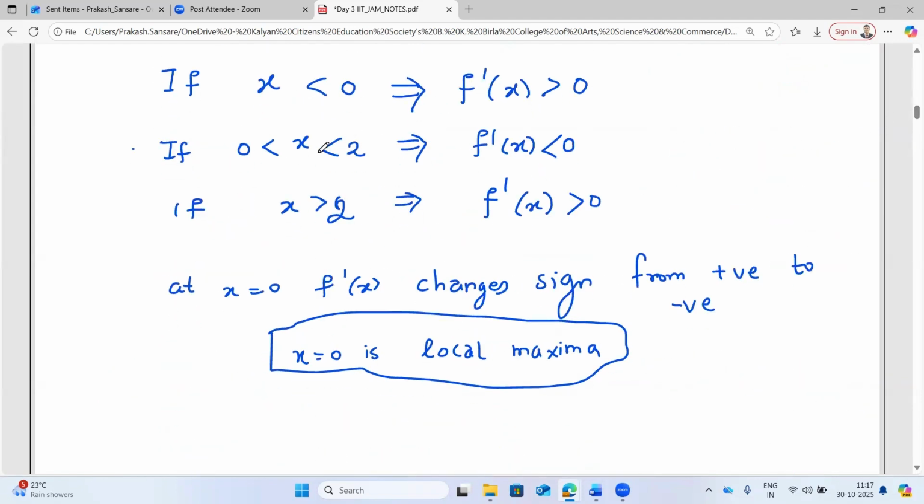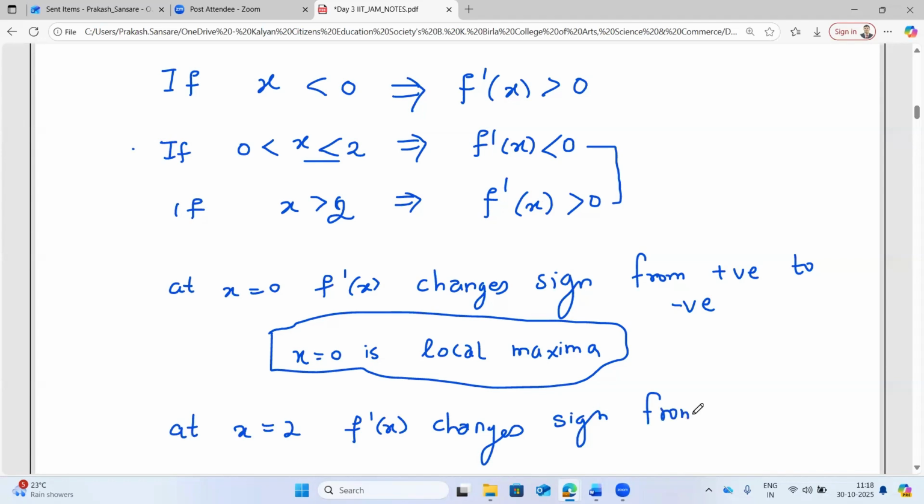Now at 2, before 2 the f dash x is less than 0, and after 2 f dash x is greater than 0. So it changes from negative to positive, which implies that at x is equal to 2, f dash x changes sign from negative to positive.